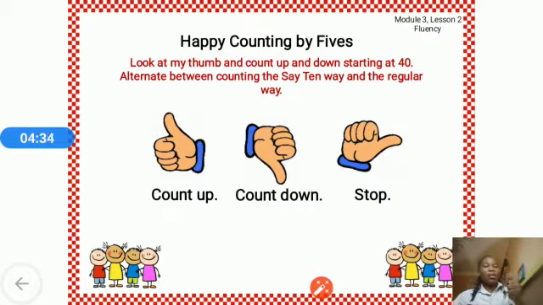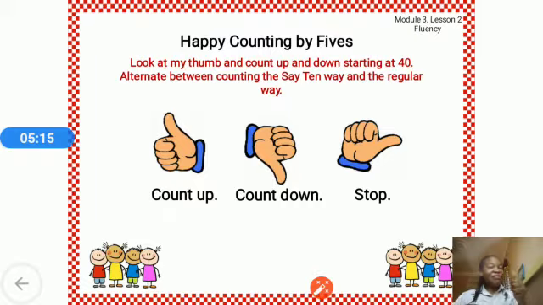Now let's count 40, 45, 50, 55, 60, good, 65, 70, 75, 80, good, 85, 90, and 95, 100. Wonderful, wonderful, wonderful. Now, 45 is what in certain way?